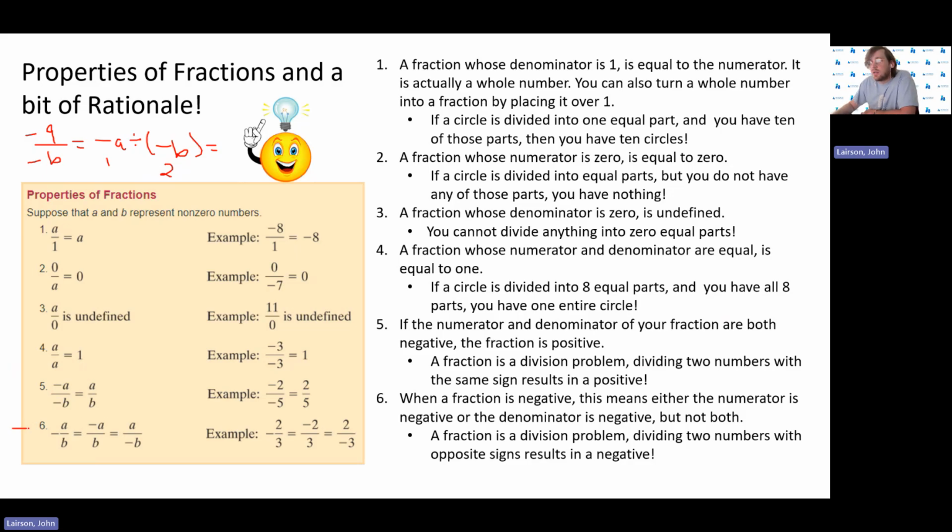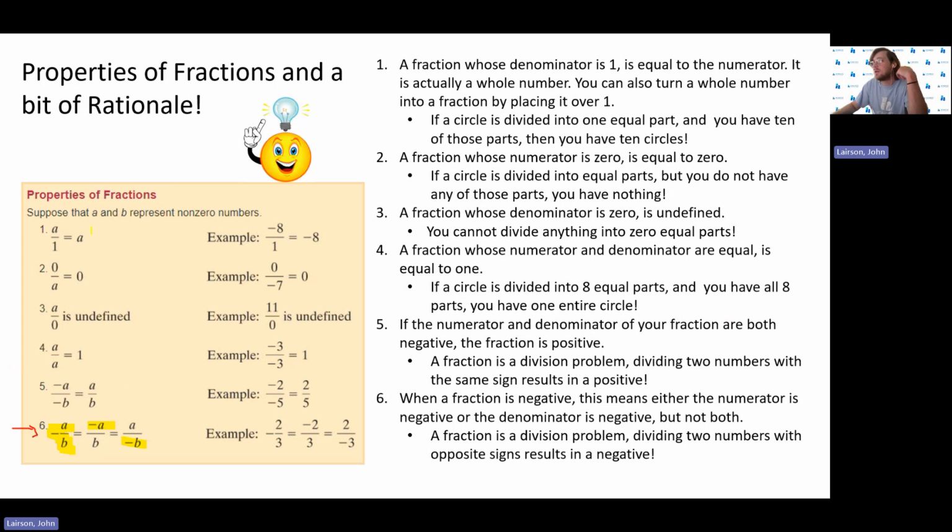Number 6, again, is dealing with these negative signs. You'll often see a fraction written like this, with this negative sign out front. With that negative sign out in front, it can go in the top or it can go in the bottom. They're all the same thing here. If the fraction is negative, it's because only one of them was negative.